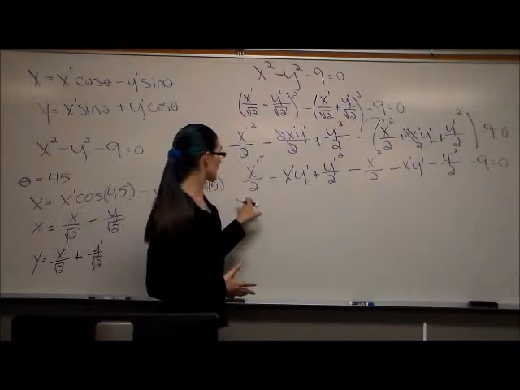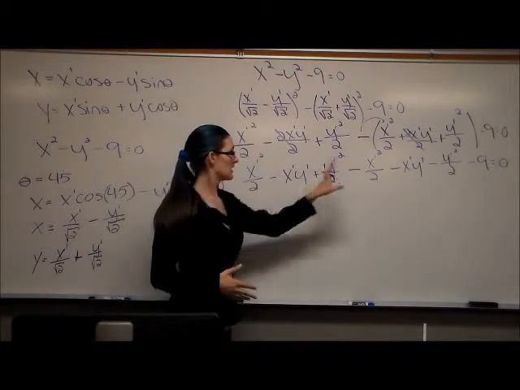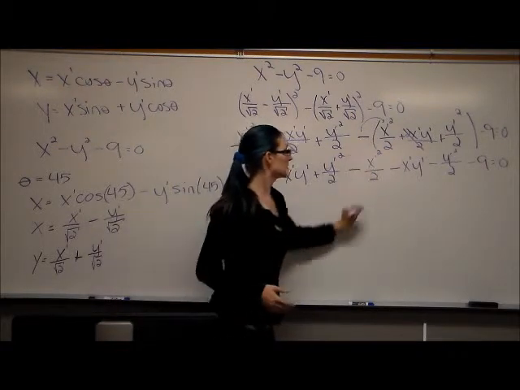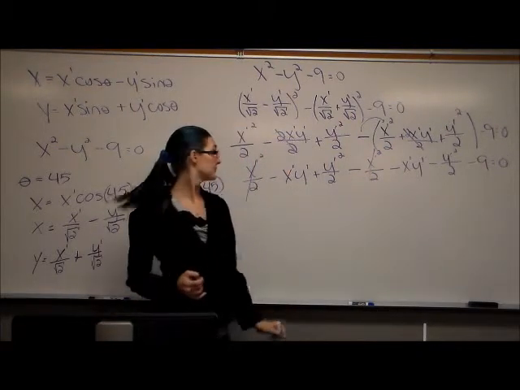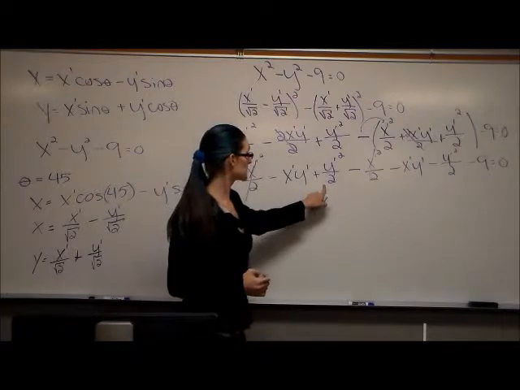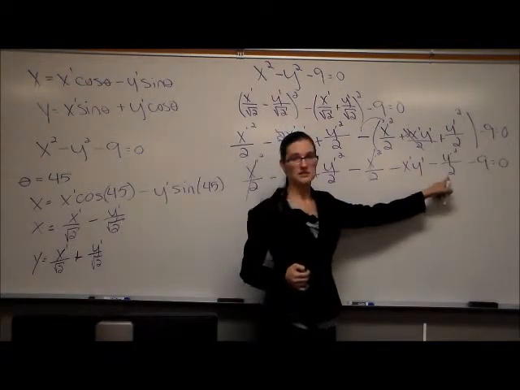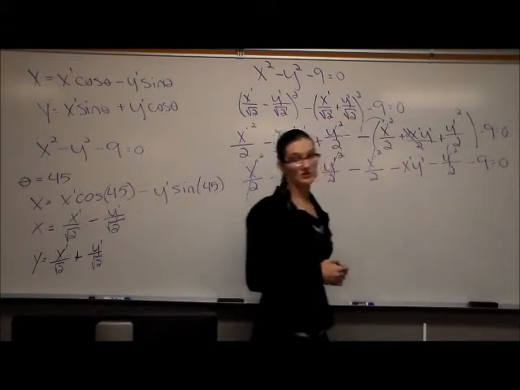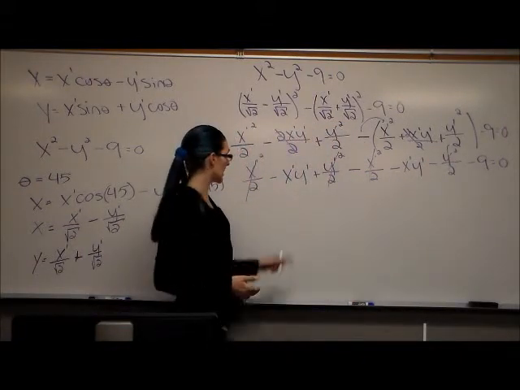So x prime squared over 2 minus x prime squared over 2. Those cancel each other out. y prime squared over 2 minus y prime squared over 2. Those cancel each other out. Okay, one positive, one minus.